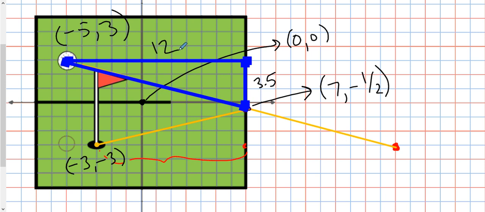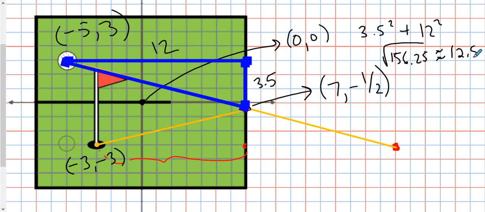So to find the first part of my distance, I could do 3.5 squared plus 12 squared, the first part of the Pythagorean theorem, and then take the square root of that. If you add those together, you would get 156.25. So the square root of that is approximately 12 and a half.